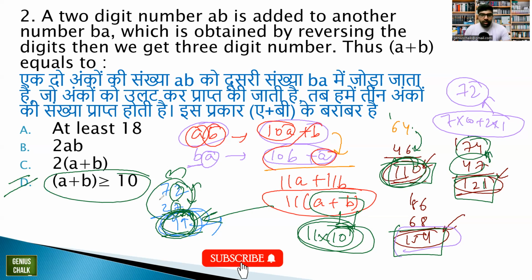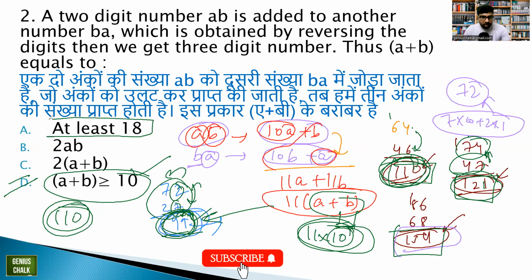It has to be greater than or equal to 10, because the minimum value which I will be getting is 110, and this is a multiple of 11.